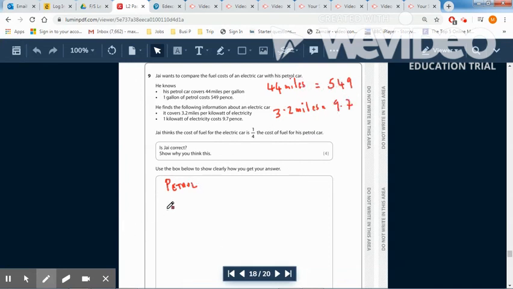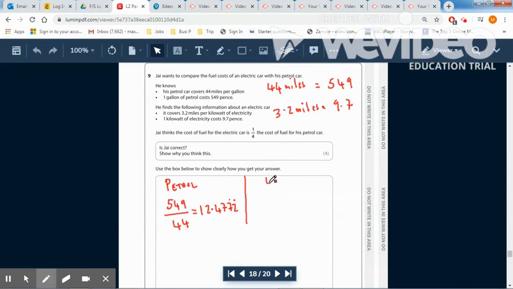The way we do that is we just do 549 divided by 44. So that's 12.47772, and the 7 and the 2 are recurring. So that's for the petrol.